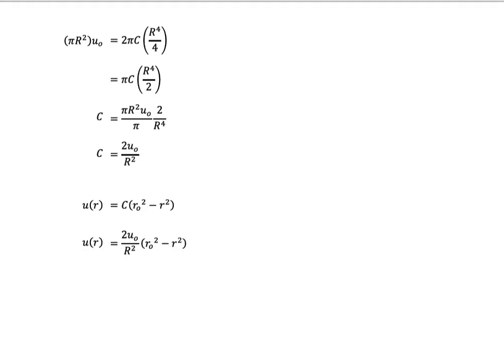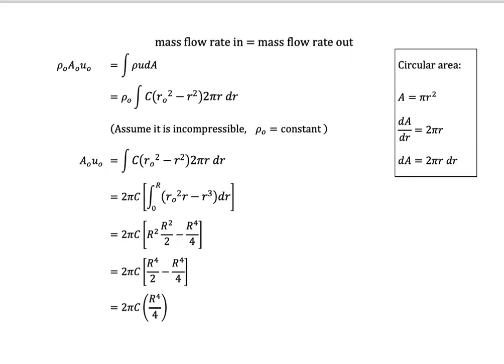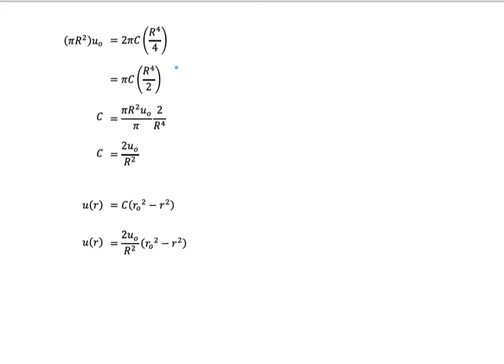Then we rearrange the calculation and get the value of C equal to 2 U naught over R squared. Then we substitute into the previous equation. So we get the full equation: the velocity U in terms of r, or a function of r, is 2 U naught over R square, times R naught square minus r square.